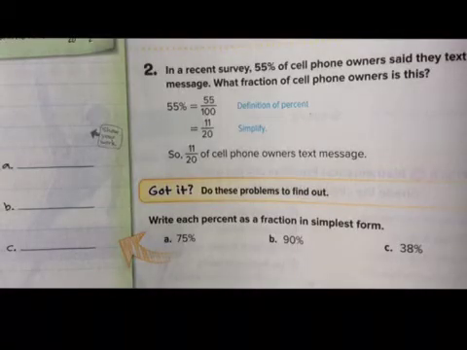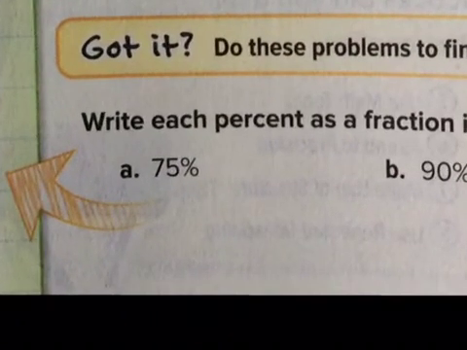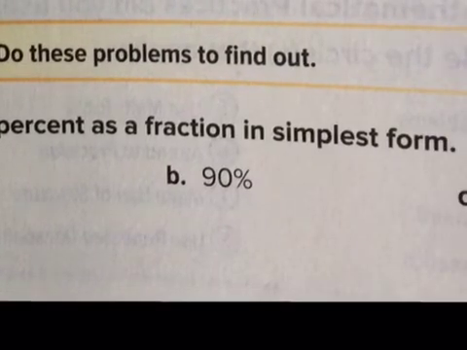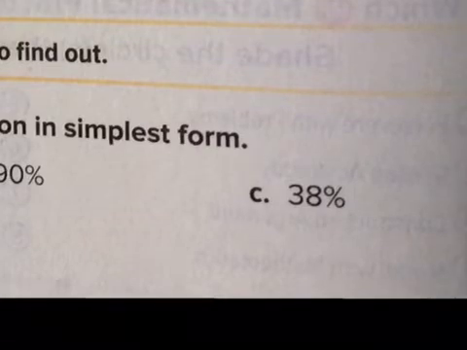Okay, for the next example 2, we're going to turn percents into fractions in simplest form. Now don't forget that 75% means 75 over 100. 75%, por cien. 90%, okay, 90 over 100, and 38 over 100.